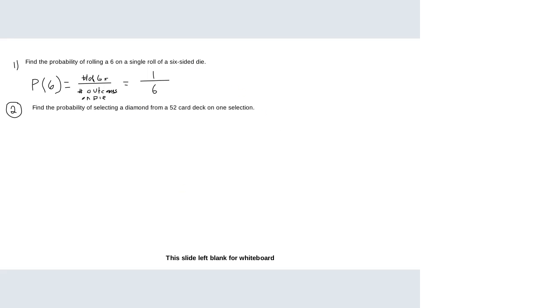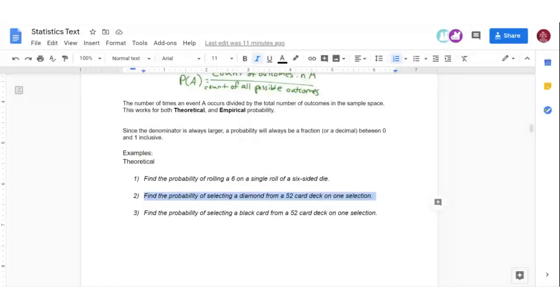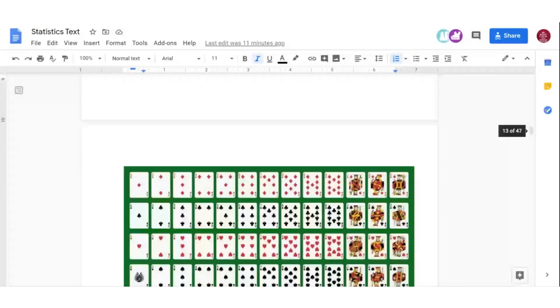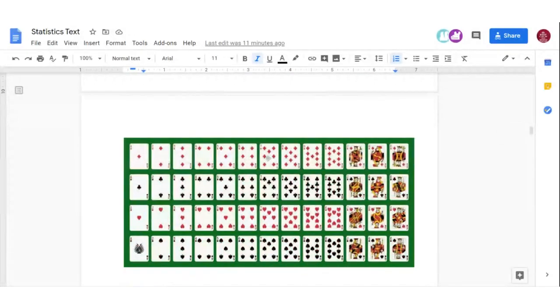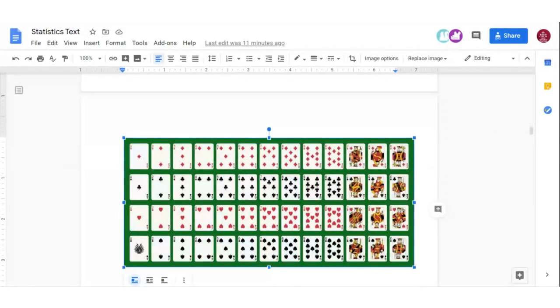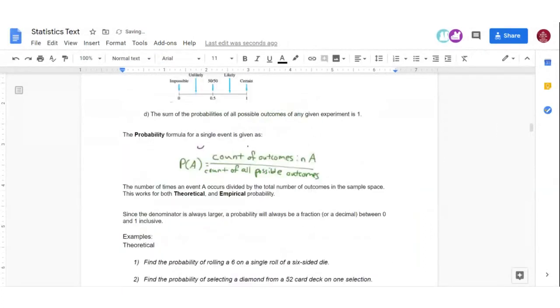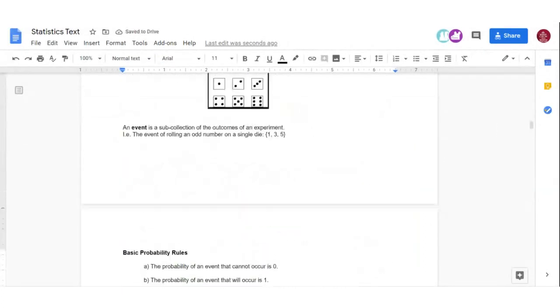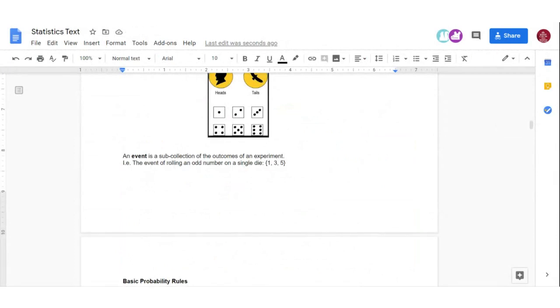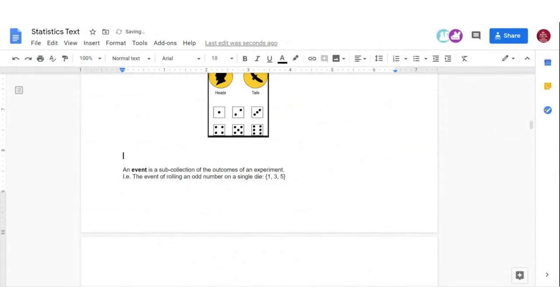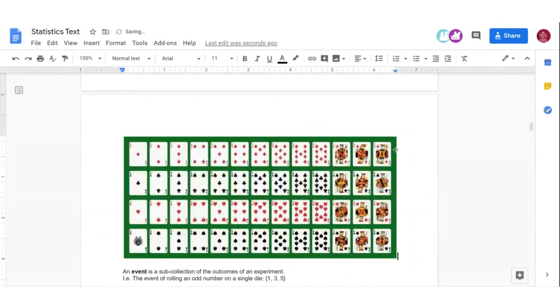All right, so let's go over and just look at the sample space. I've got a little visual in here. There it is. We'll move it up here. So here's our sample space for a 52 card deck. And the reason why I put this up here is because there's usually somebody that doesn't know about cards.